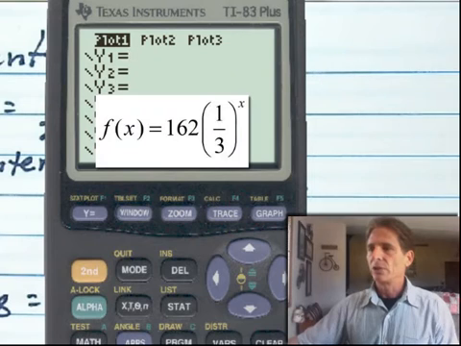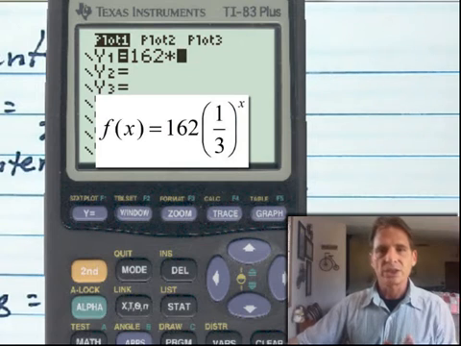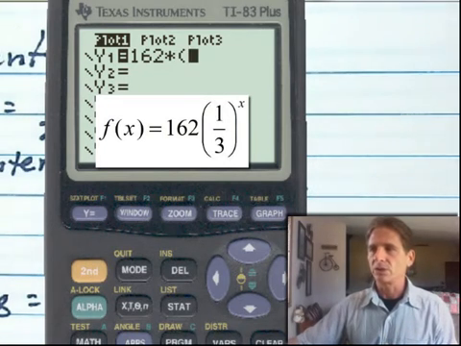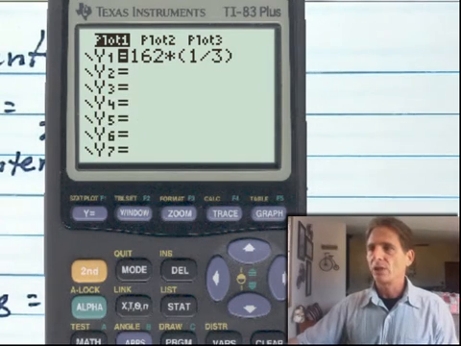So it would be 162 times, now because of the order of operations, we ordinarily would not have to put the next thing in parentheses except for the fact that it is a fraction, so we need the parentheses. So 1 divided by 3 raised to the x.